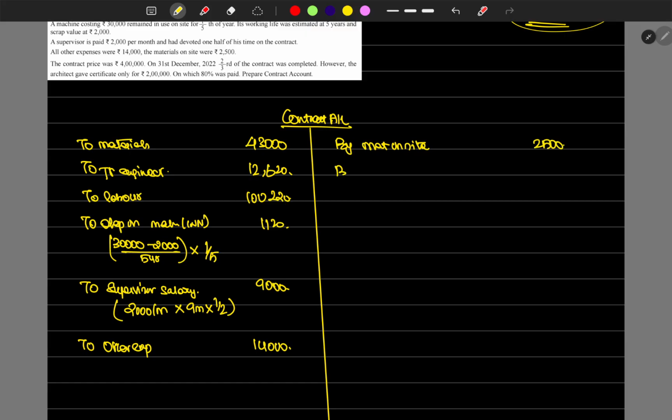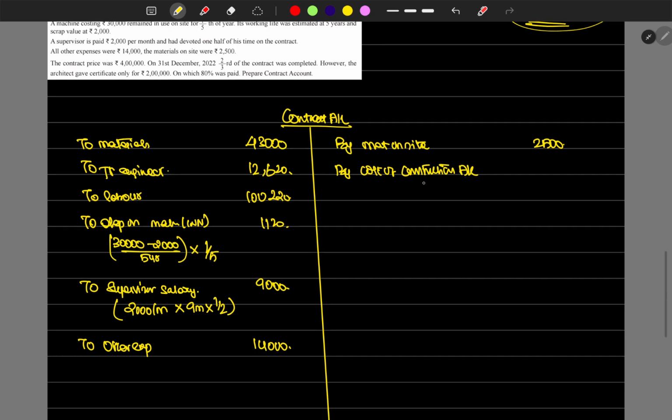By cost of construction, we have accumulated all the cost into this one single item, the balancing figure. 43,000 plus 12,620 plus 120 plus 1,120, 9,000 plus 14,000 minus 2,500, which is 1,77,460.